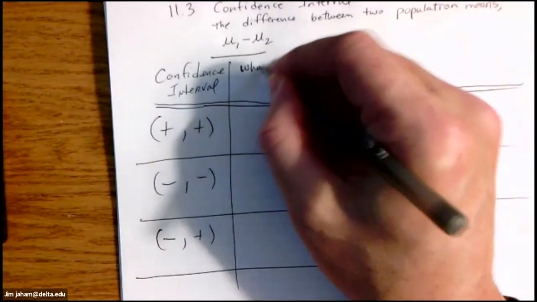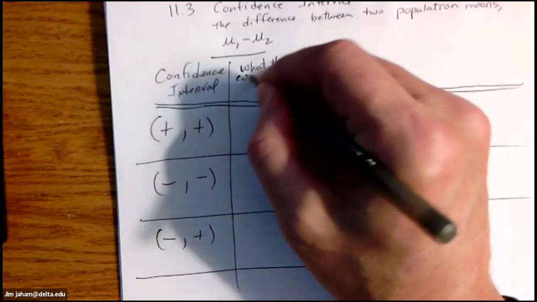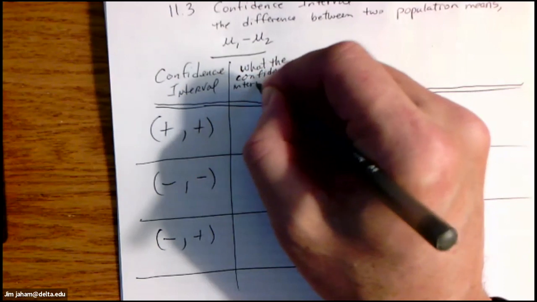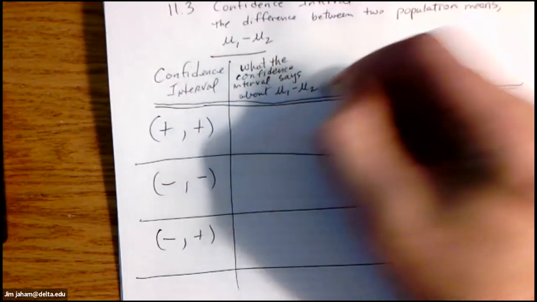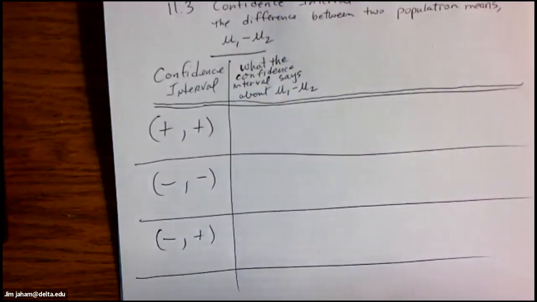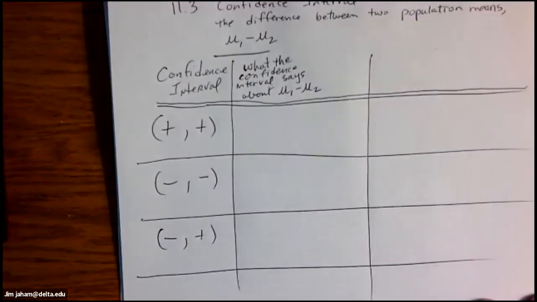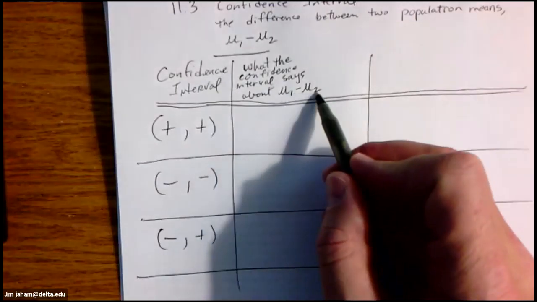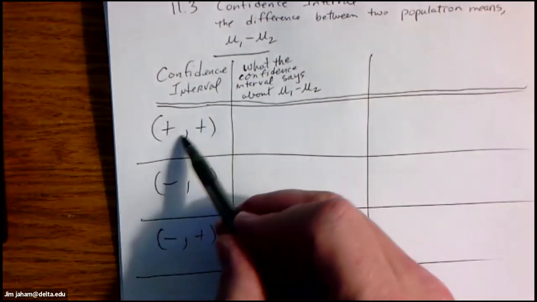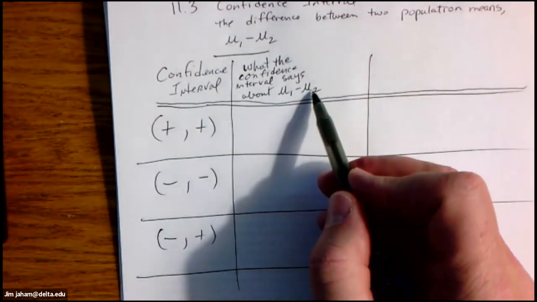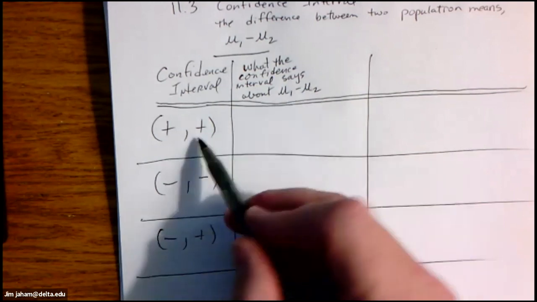All right, so what the confidence interval says about this thing that we're trying to estimate, this difference between the two population means. We're always estimating mu1 minus mu2, and if it gives us this interval, there's a very good chance that that difference is in this interval.